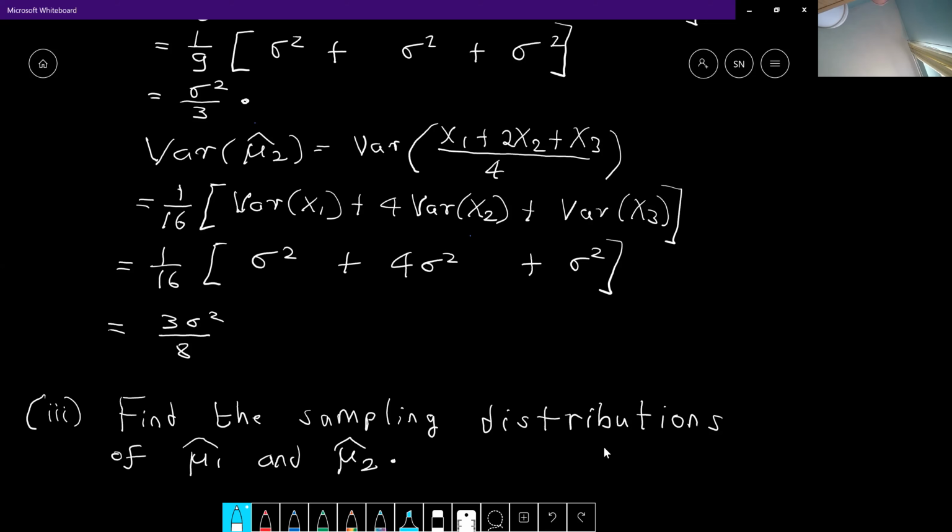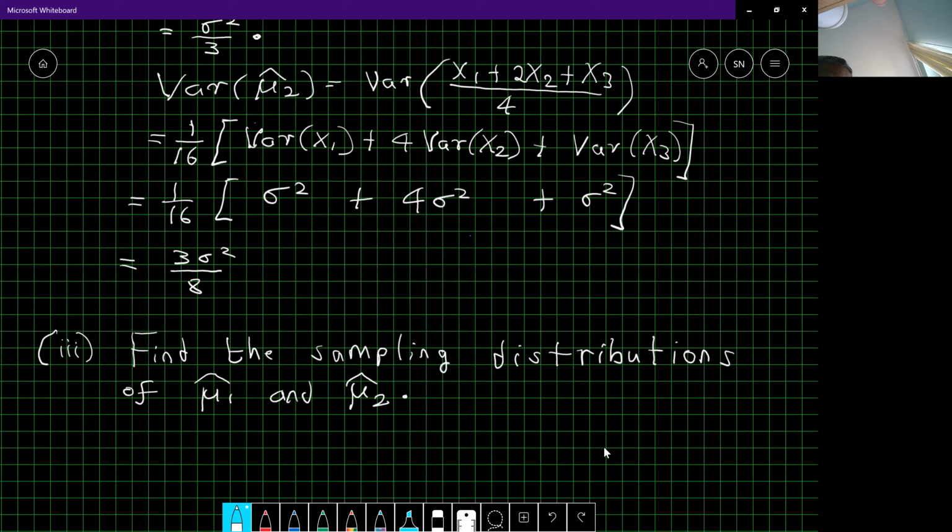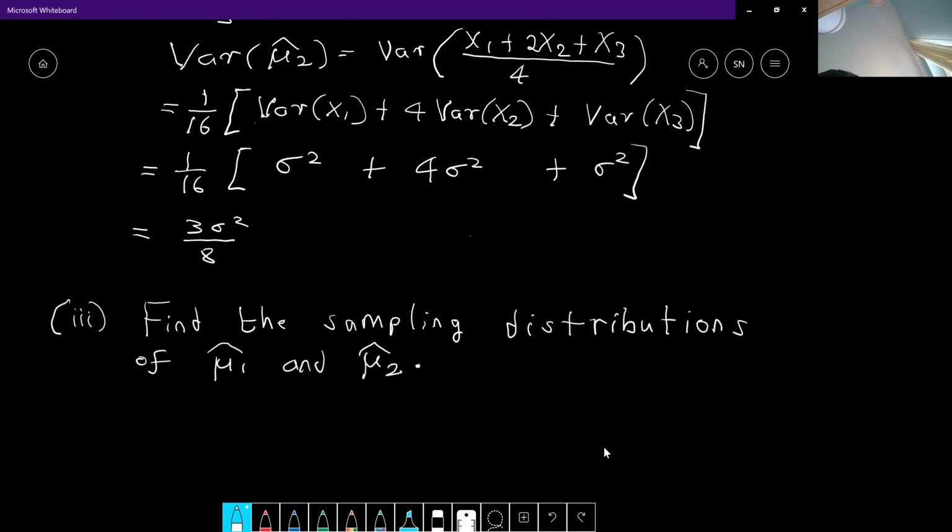Now you may remember when I talked about the normal distribution a while ago, one of the results I mentioned is that a linear combination of IID normal variables, or a linear combination of independent normal variables, is also normal.